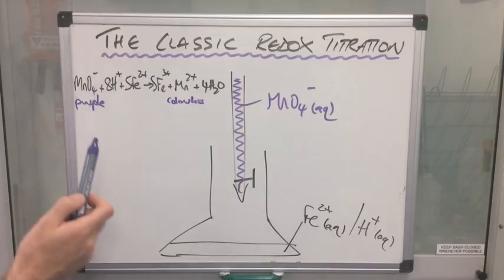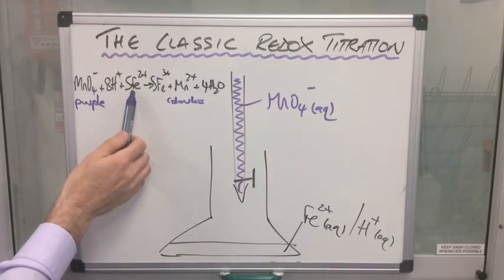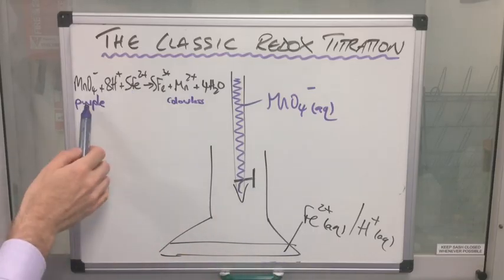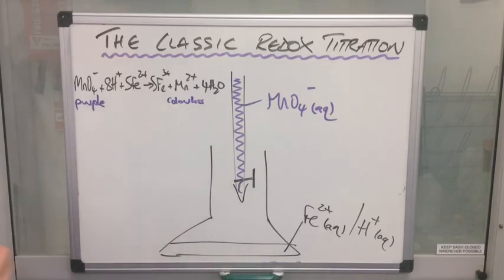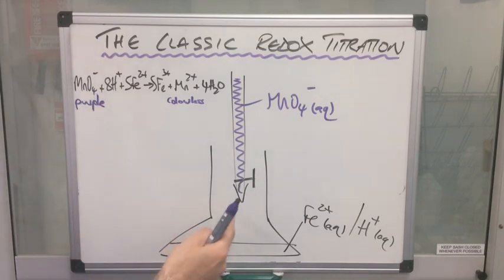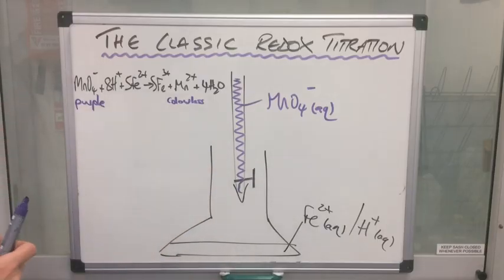If you think about it, as long as there's some iron 2+ in this solution, the MnO4- has got something to react with. As soon as all the iron 2+ is reacted, your next drop of MnO4- from the burette has got nothing to react with, and so it won't go colourless, it will stay purple.